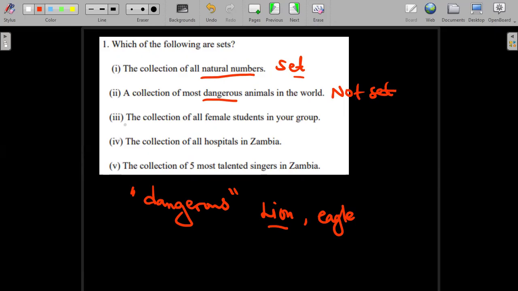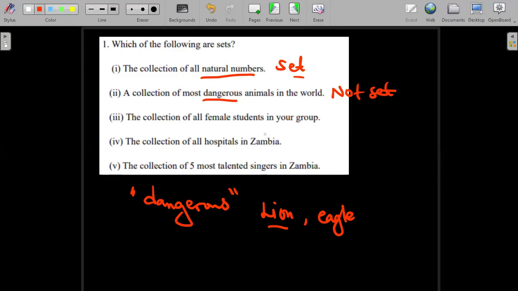Then we have part 3. Part 3 says the collection of all female students in your group. At first glance, it's not sure which group they were talking about.